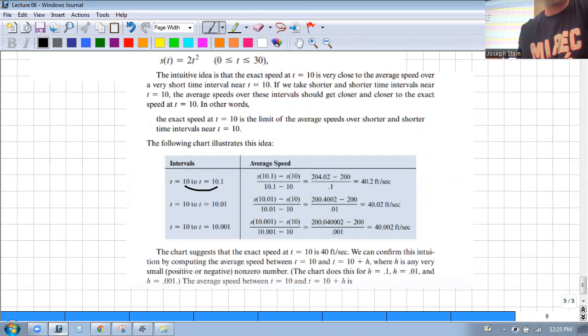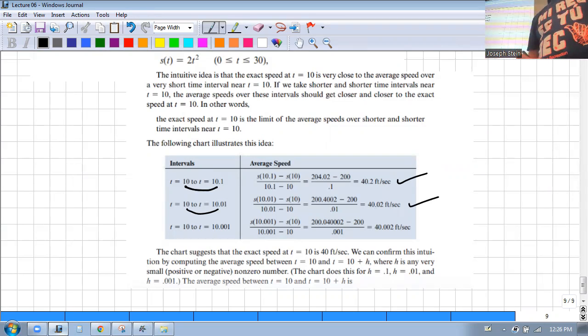And the average speed, according to the formula we've been using, is 40.2 feet per second. But that's still an average speed, right? We want the instantaneous speed at exactly 10 seconds. So instead of 10 to 10.1, we go from 10 to 10.01, an even smaller time interval, and we look at the average. It's a little different. Instead of 40.2, it's 40.02.